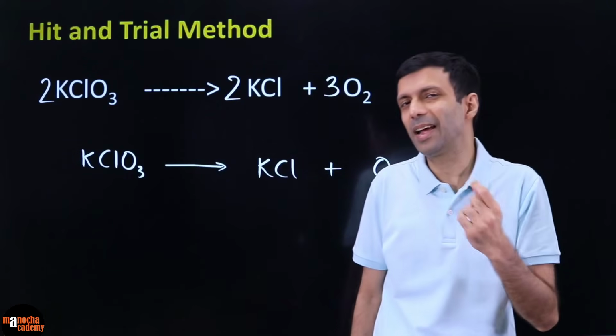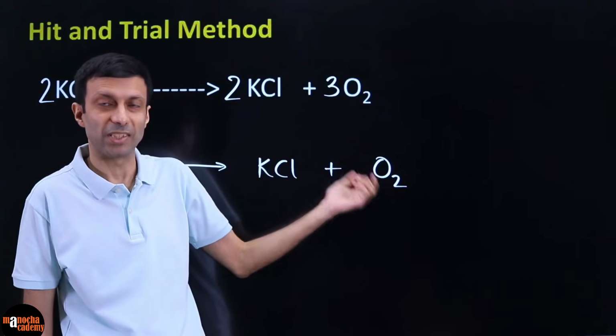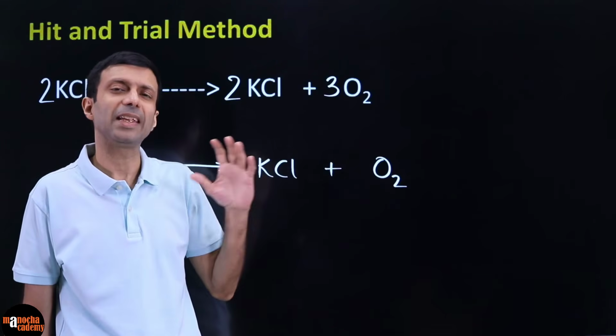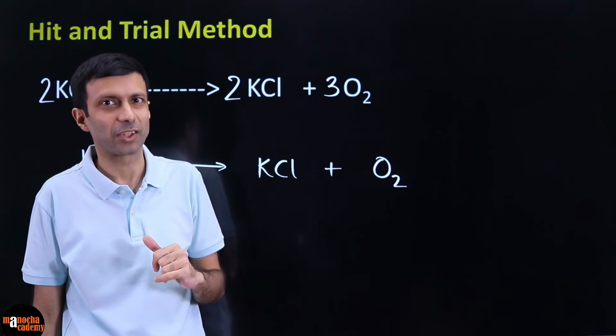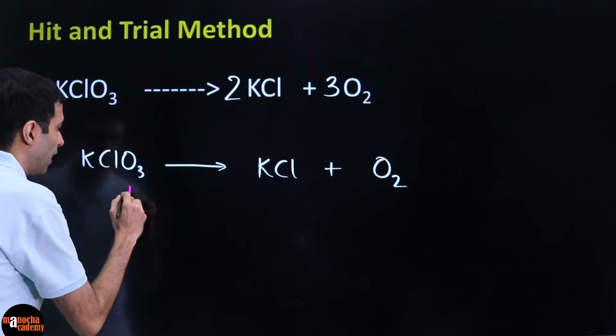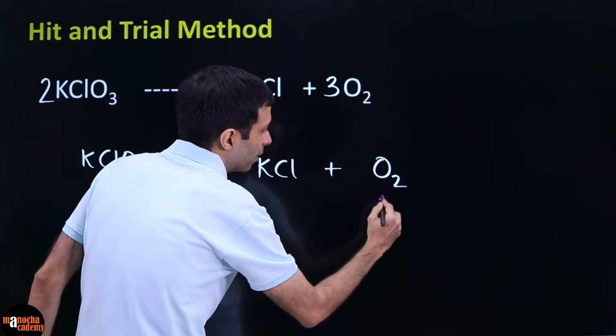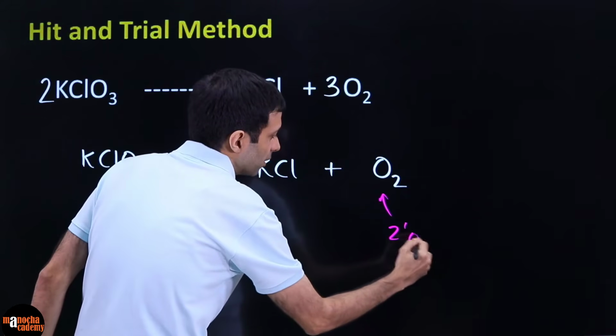So when you have one guy left and that guy exists in element form, means alone, then you can easily balance it using maths fractions. What do I mean by that? You can see here, we have 3 oxygens and we have 2 oxygens here.